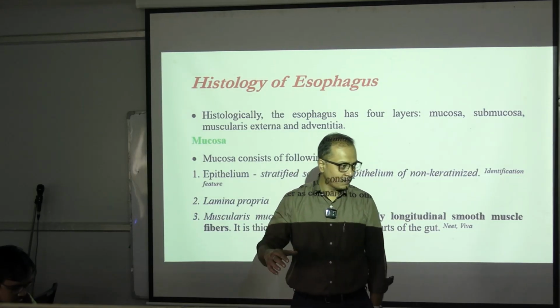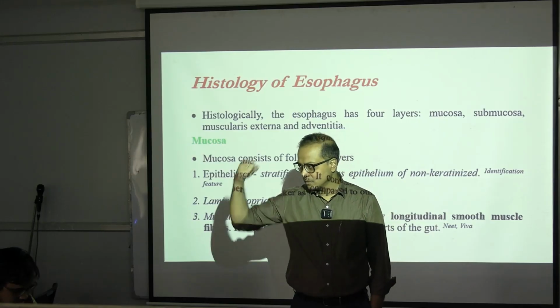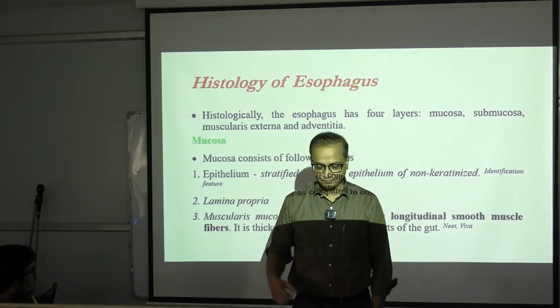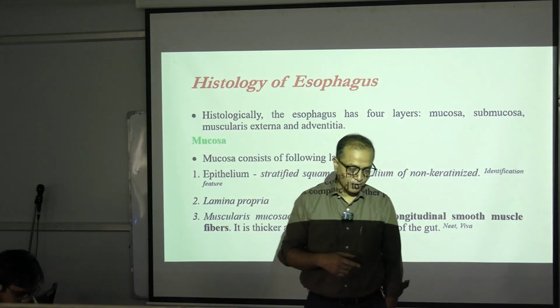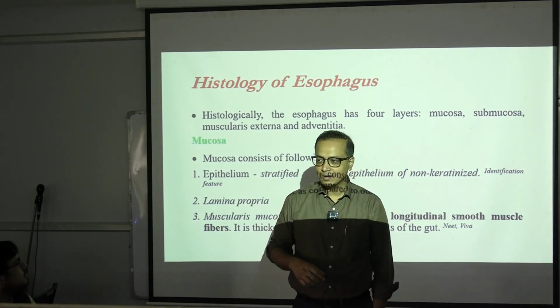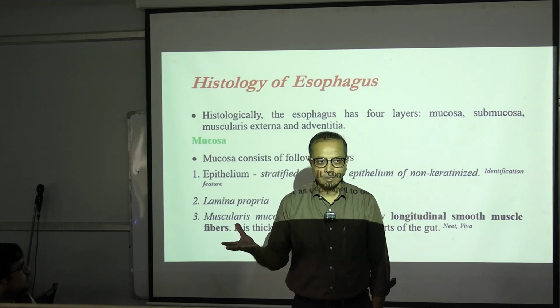Stratified. That means how do the cells look? Strong, big, tall, right? No. What kind of cells are there? Flattened cells, looks like an egg pouch.